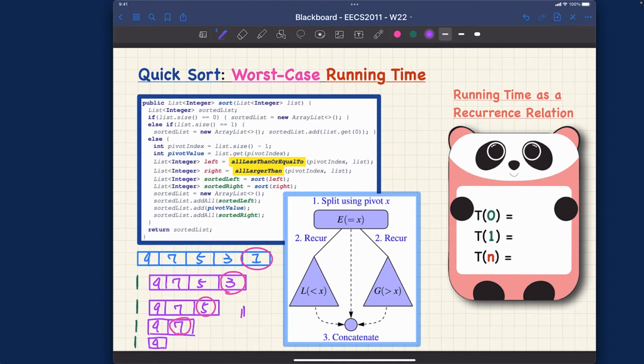The number of splits that's necessary for us to get to the base case for this will be 1, 2, 3, and 4. 4 splits. And how many elements do we have? We got 1, 2, 3, 4, 5. So the number of splits is basically n minus 1, which is basically big O of n.